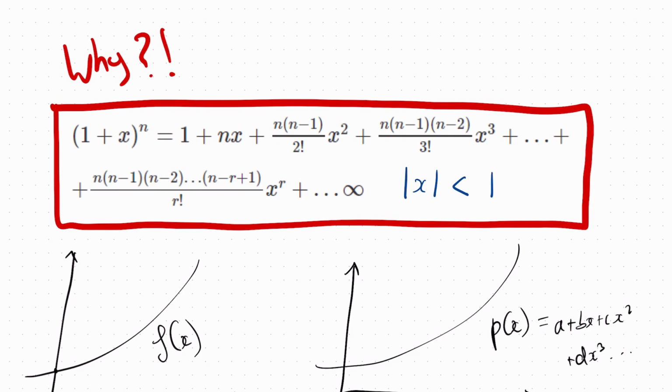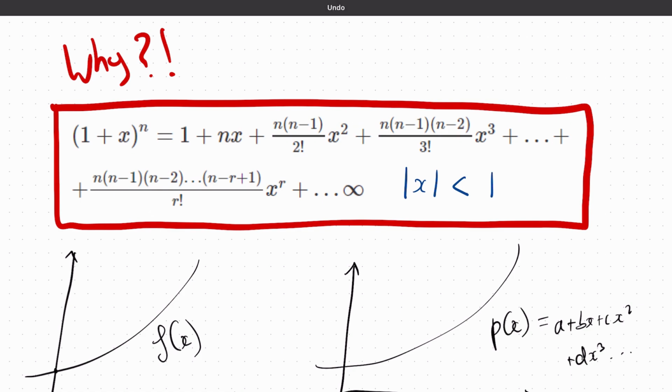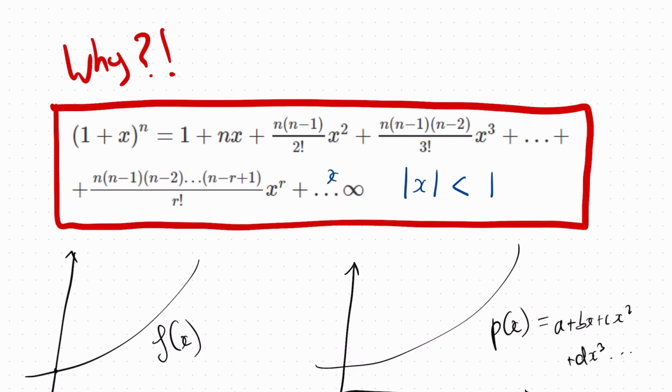Okay. So, as you can see, these x squared terms keep going up until you get to x to infinity. If the modulus of x was greater than 1, then this x to infinity term would also be greater than 1, because if you have a number greater than 1, like 5 to infinity, that is obviously infinity, right? But if you have a number less than 1, like 0.5 to infinity, every time you multiply it, it actually gets smaller.